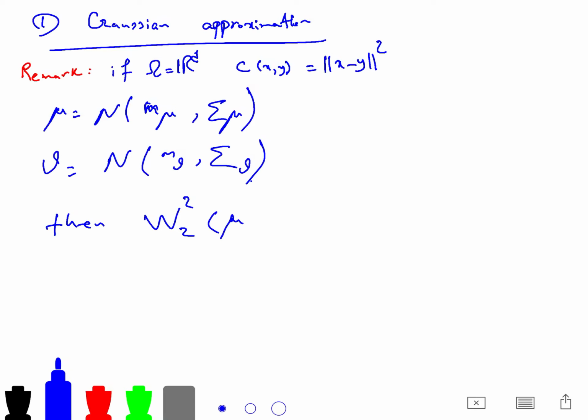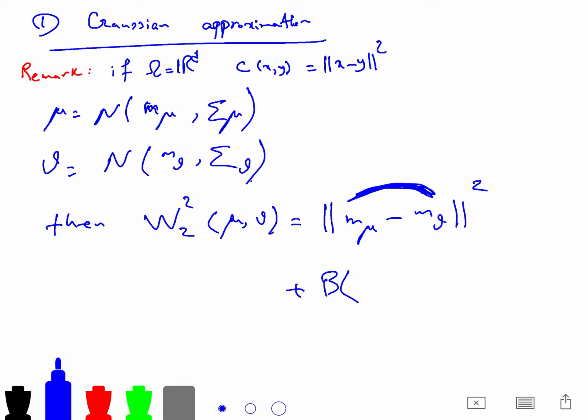And so then the Wasserstein distance between mu and nu becomes very interesting because it's just the difference between the means. This is the idea in linear discriminant analysis, that you want to maximize the distance between the means of two classes. And you see why linear discriminant analysis is just a special case of Wasserstein discriminant analysis.